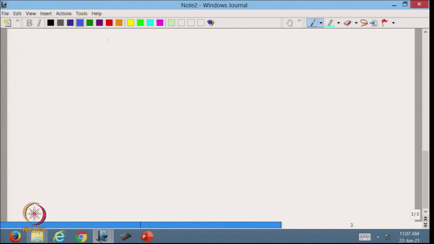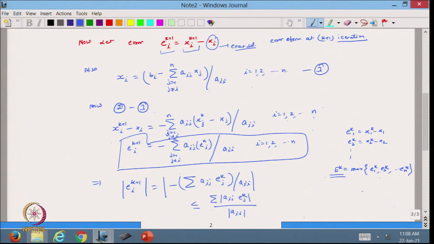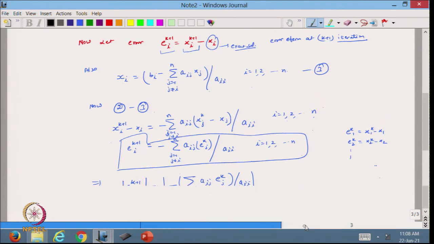I can write |E_i^(k+1)| is always less than the summation of the separate values |a_ij| |E_j^k| divided by |a_ii|. Now, I will take the magnitude.